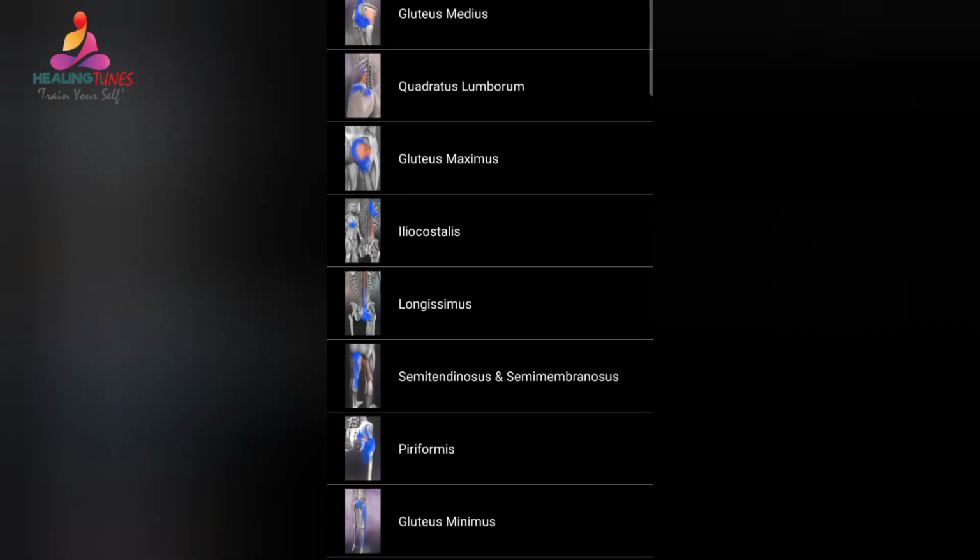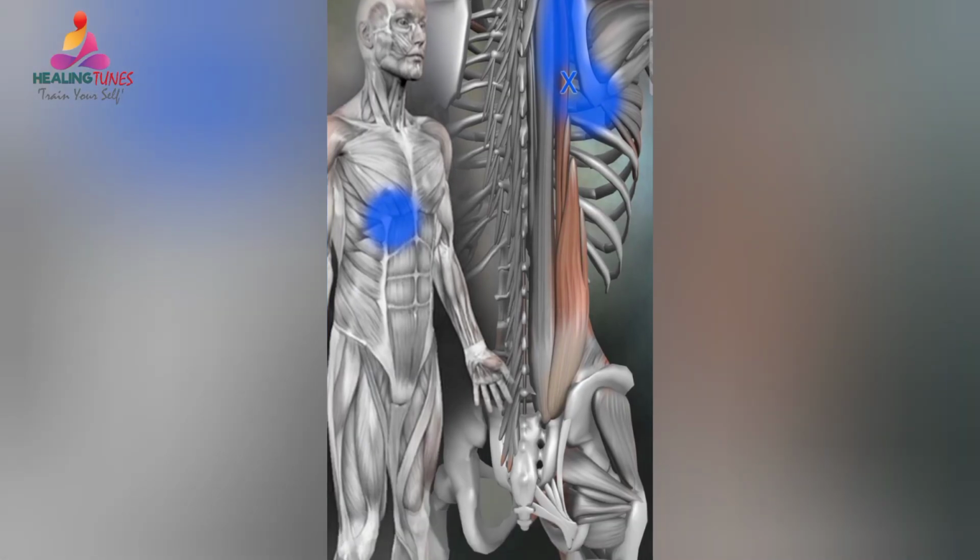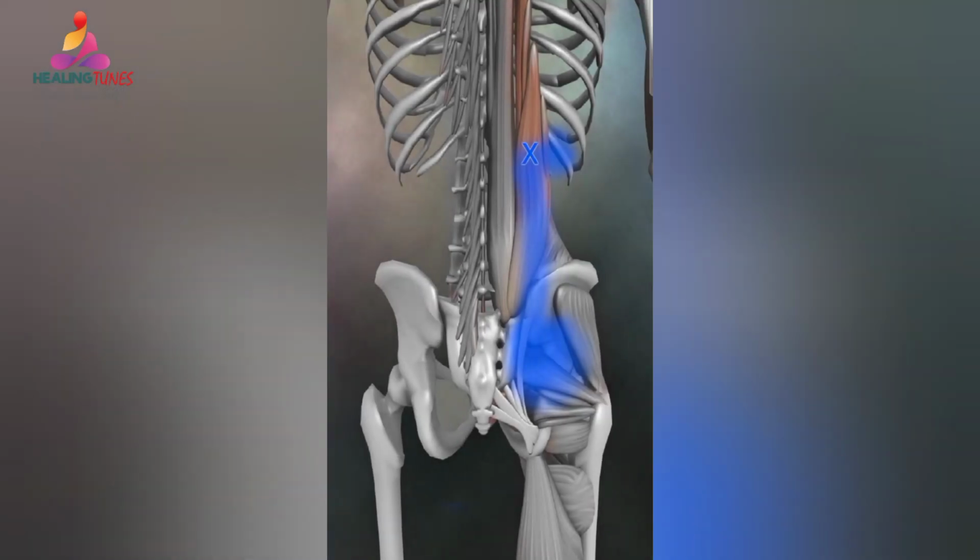Next is the iliocostalis. These muscle trigger points around T6 refer into the inferior portion of the scapula and also into the chest area, which can mimic angina. Trigger points around T11 refer into the mid back with spillover upwards into the scapula and down into the ilium.